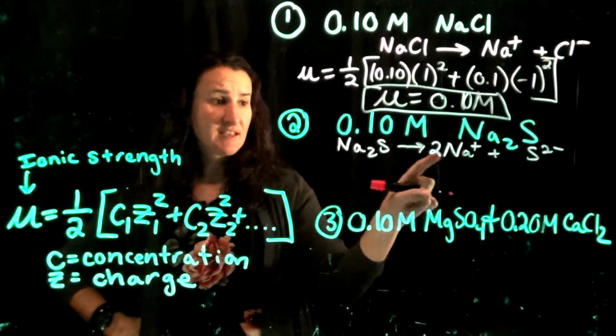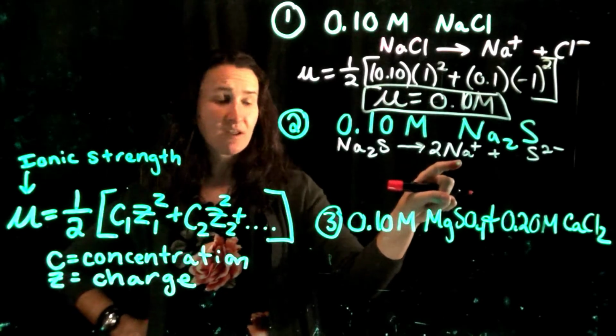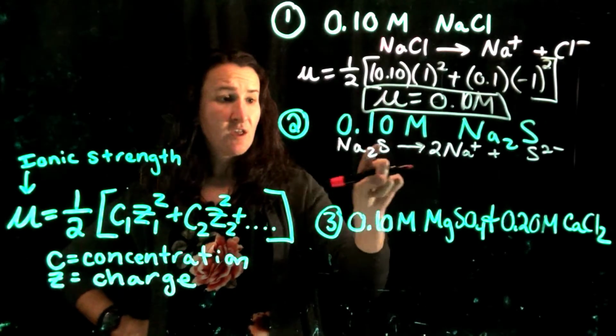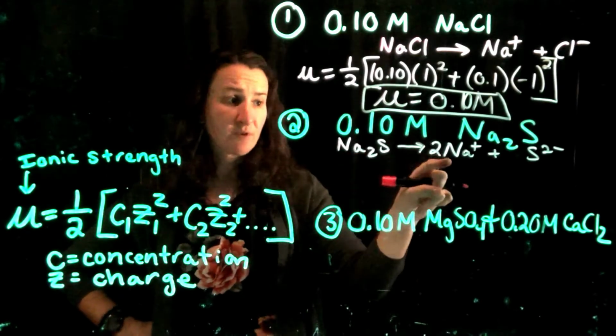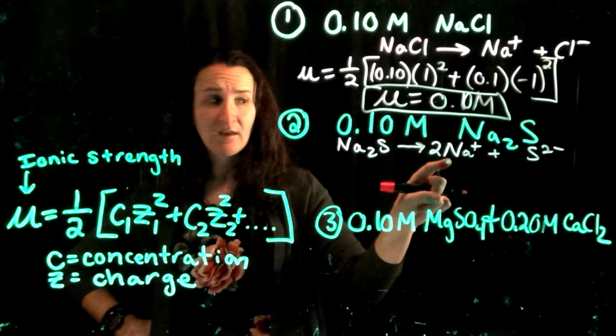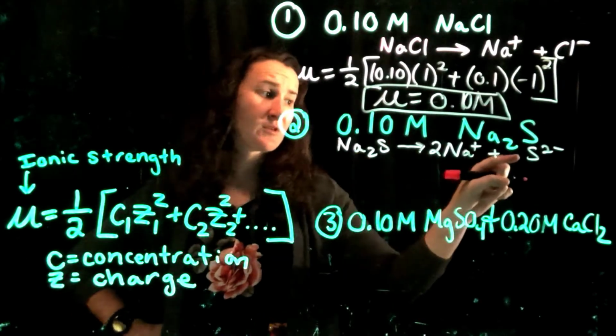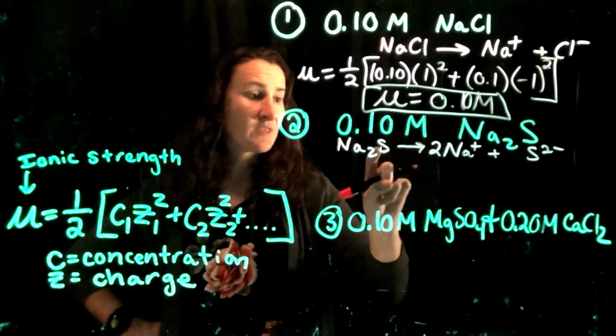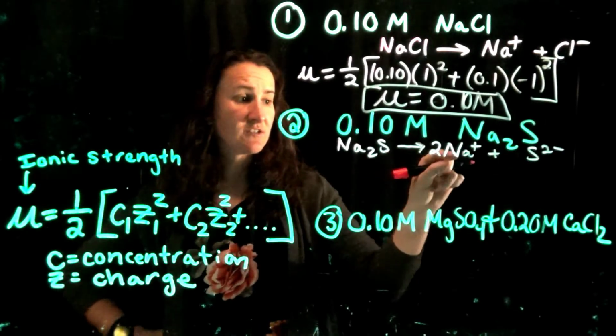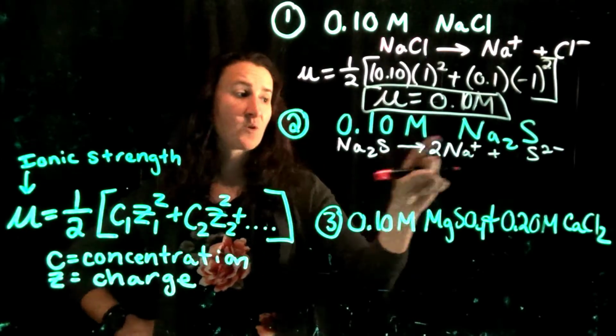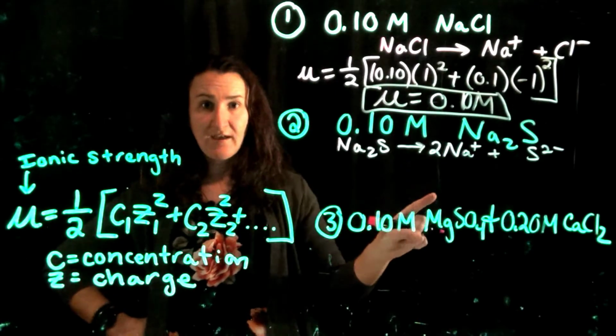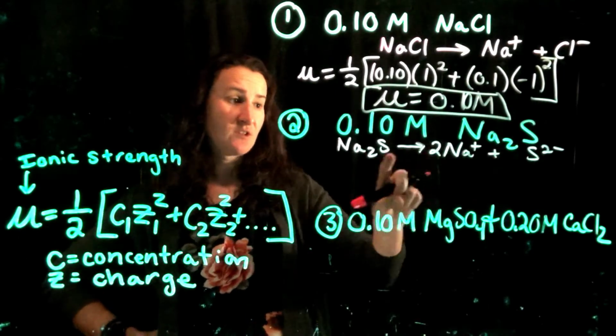If you start out with 0.1 here, you're going to produce 0.2 sodiums and 0.1 sulfides. And so the concentration of each individual species is going to be different depending on which one you're looking at. Once again, make sure you can think through that in your mind.